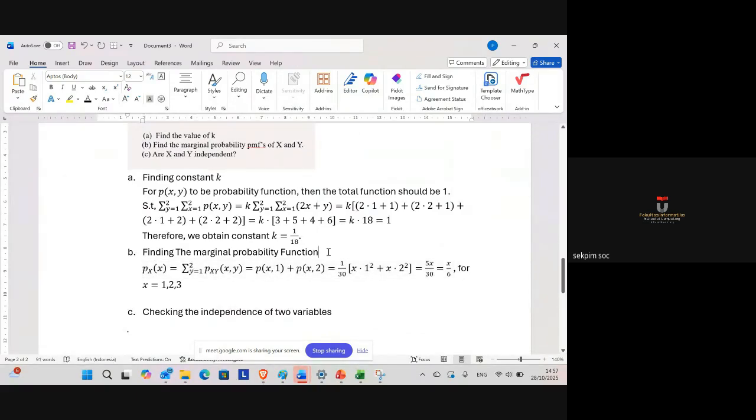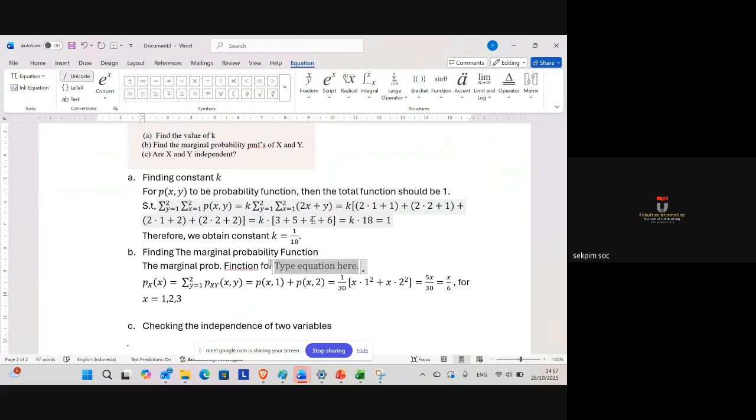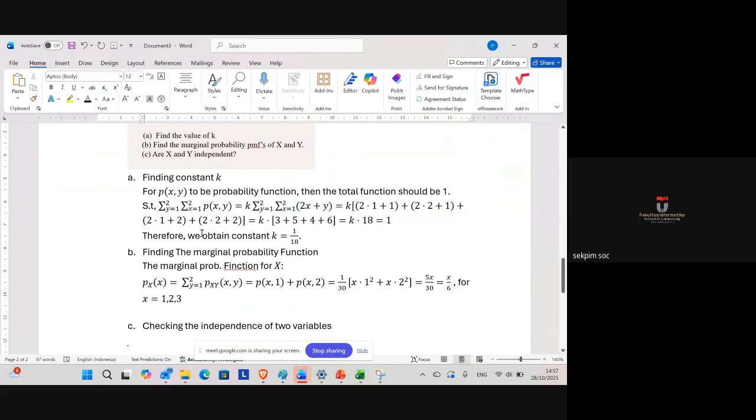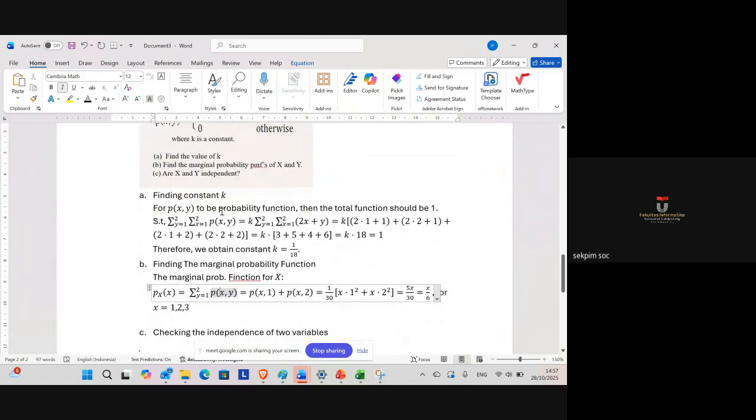First we want to find the marginal probability function for capital X. It's defined like this, summing over all y, and y goes from 1 to 2. Similar thing here, but this is not Pxy but p, to be consistent with the given problem.